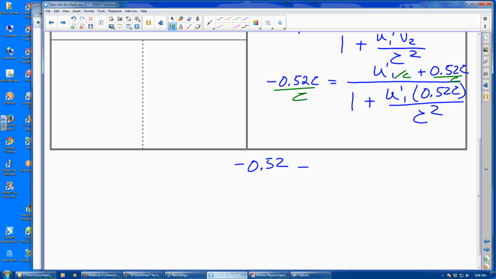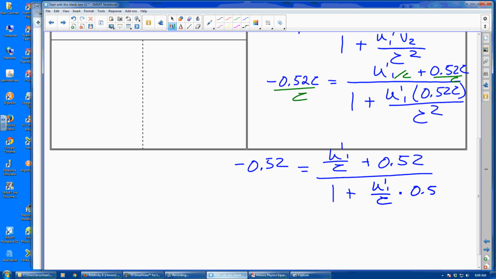So that will equal u1 prime over c plus 0.52. And then on the bottom, I'm going to get 1 plus, and one of the c's cancels with that c, the other one stays under here. So I have u1 prime over c multiplied by 0.52. I'm just going to put parentheses around that. So now I can use Wolfram or some other solver or my calculator to solve for u over c. And that will give me my answer.